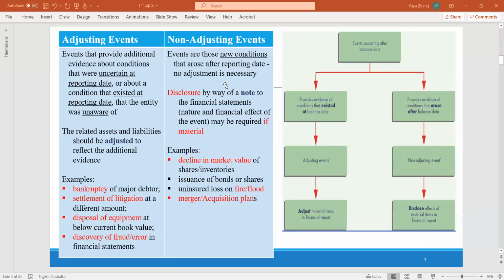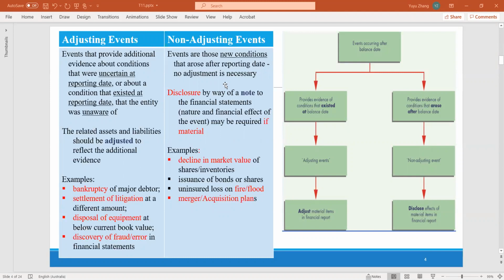Events arising in the subsequent period can be classified into two categories. One is adjusting events. The other is non-adjusting events. Remember, for subsequent events we only pay attention to those important, significant, or material events.